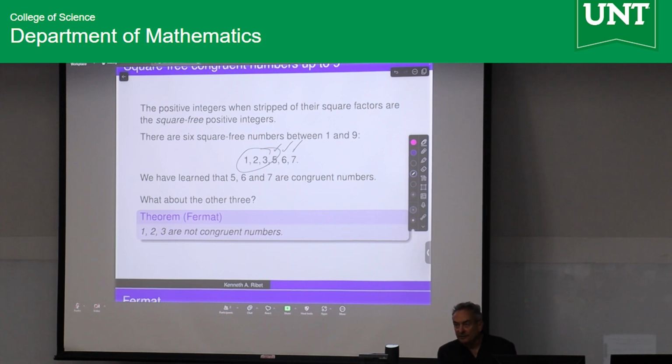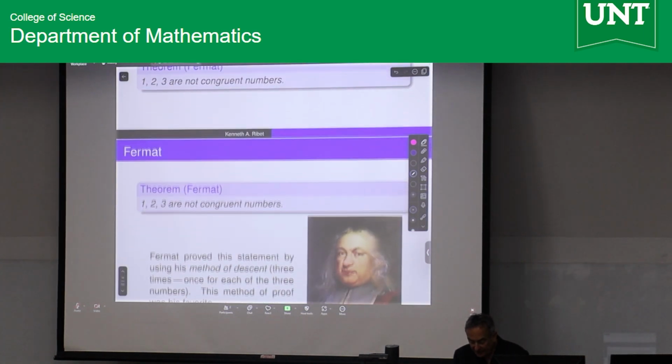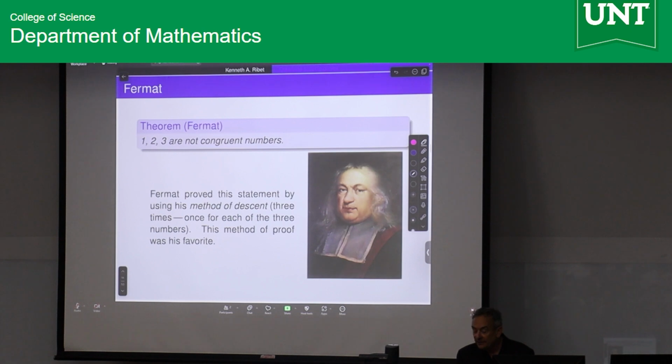I know when Fermat lived, because I've had to talk about Fermat's last theorem many times. Fermat proved that 1, 2, and 3 are not congruent numbers. And if we go to the next slide, there's a portrait of Fermat, which may or may not be a portrait of what he actually looked like, and restatement of the theorem and some allusion to the method that he used. So Fermat had a trick that he used in number theory called the method of infinite descent.